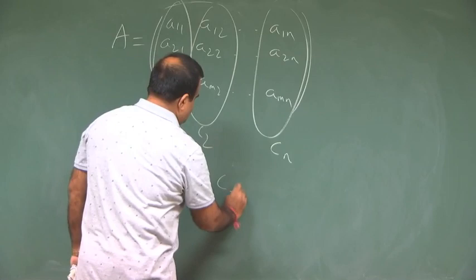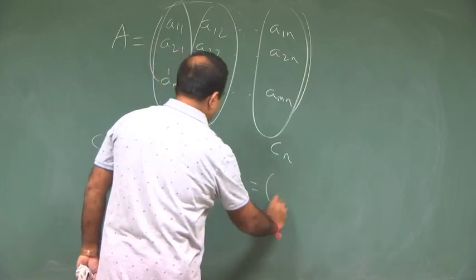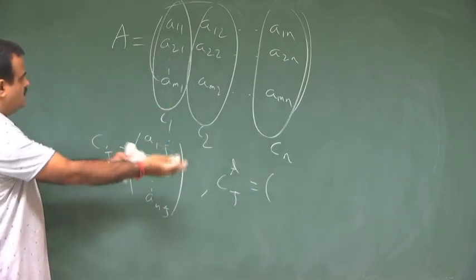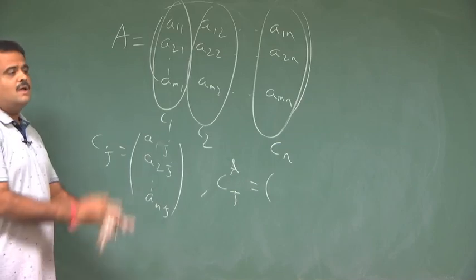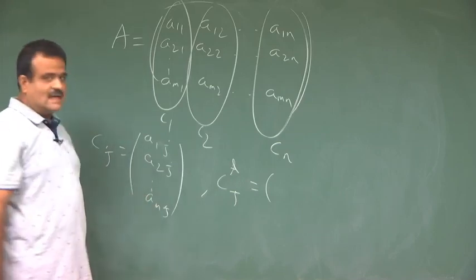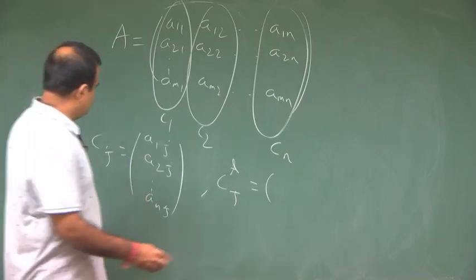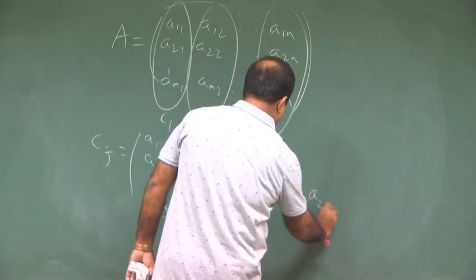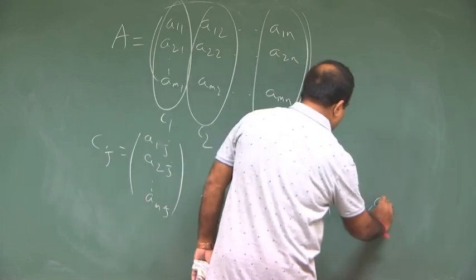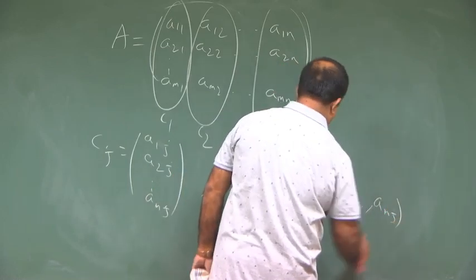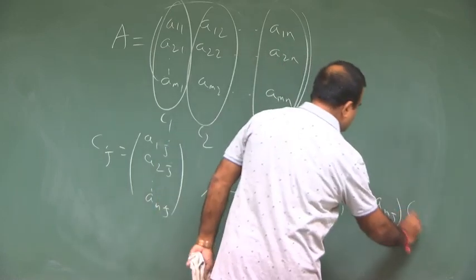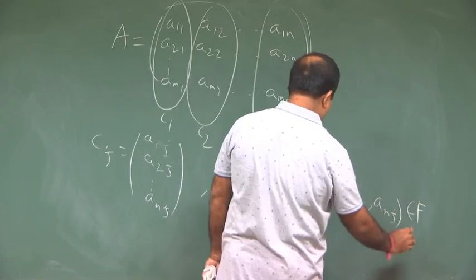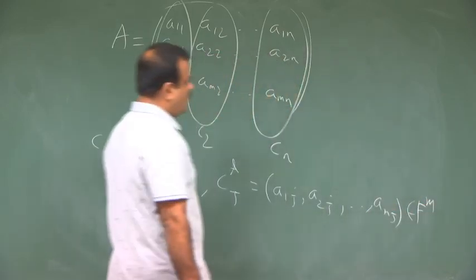If you take the transpose of this, the column vector will become a row vector, and then we can talk about the tuple, which is a Cartesian product of F: A 1 j, A 2 j, A m j, and now we can write this as F to the power m.